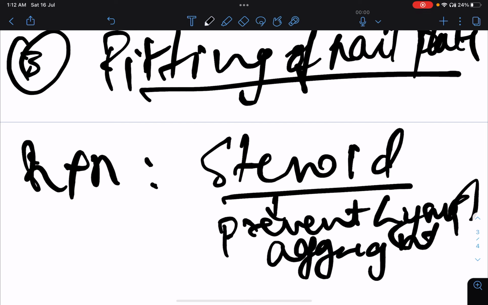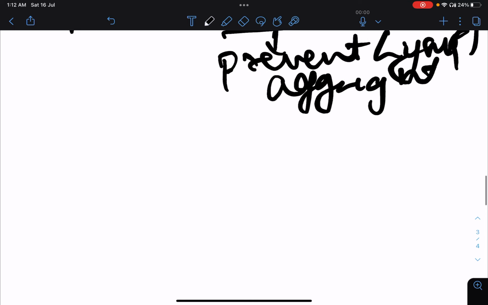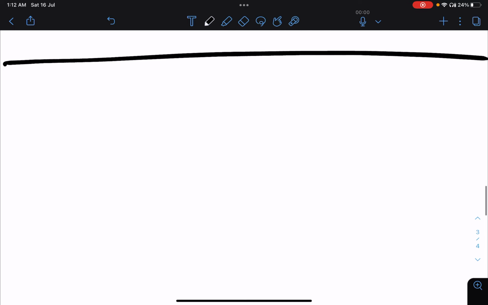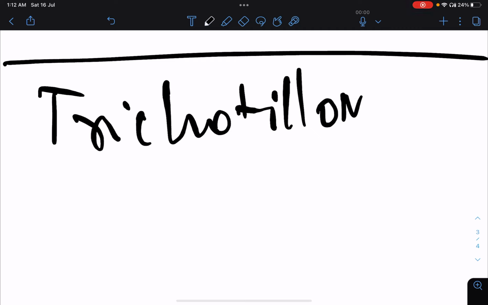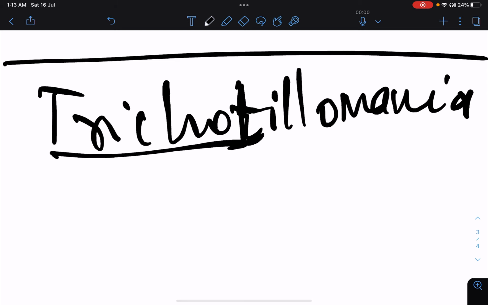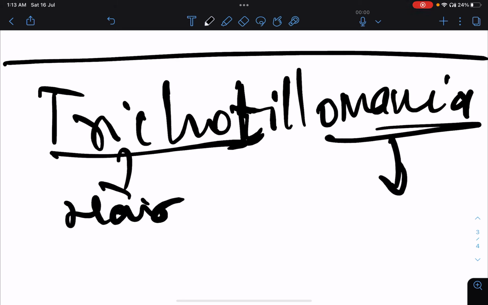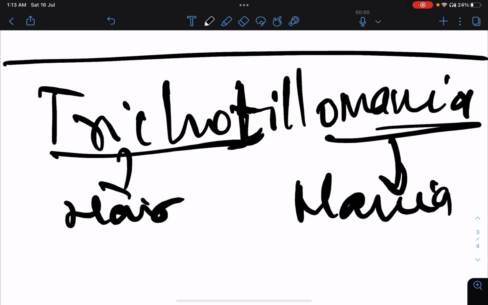Now, apart from that, another disorder that we should really study is something called trichotillomania. Now, I would like you to understand this disorder. Tricho means hair or hair shaft, and mania means mania, basically a maniac or a disease episode.